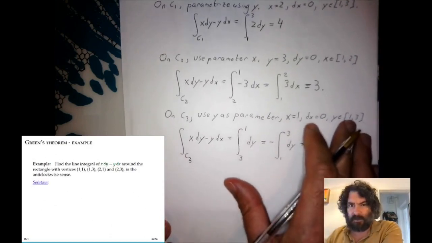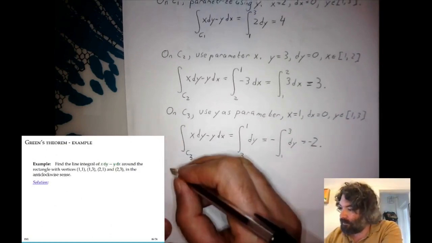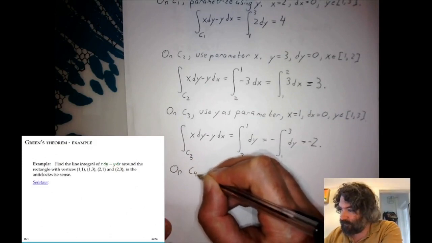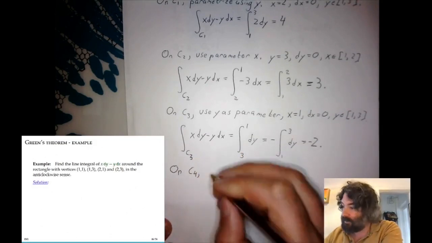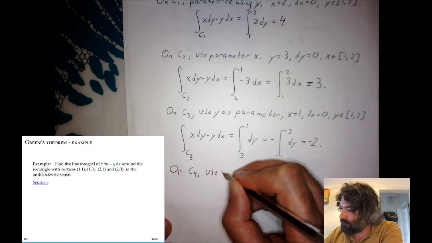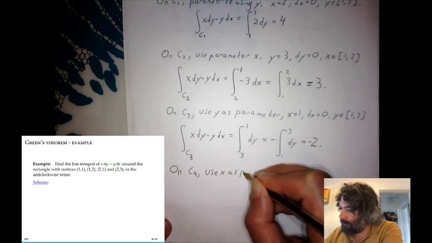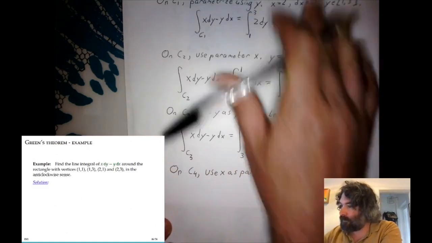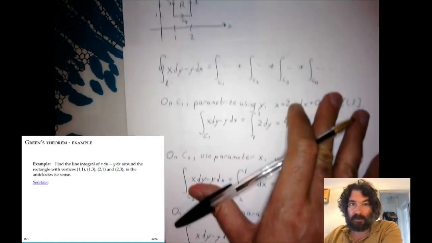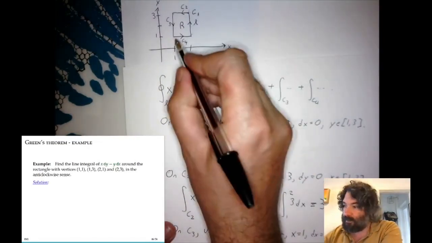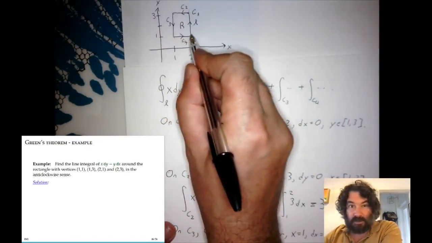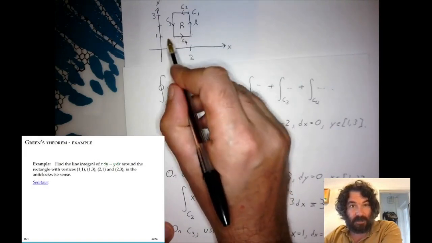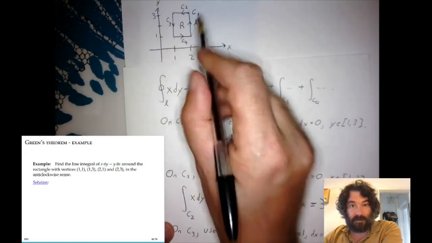And so let's finally consider the integral over C4. So in C4, we use x as a parameter. Quickly go back up and look at the picture. So here's C4. X goes from 1 to 2, considering the orientation of the curve from the left to the right. And y is equal to 1 on C4.